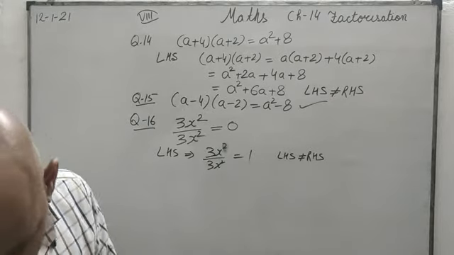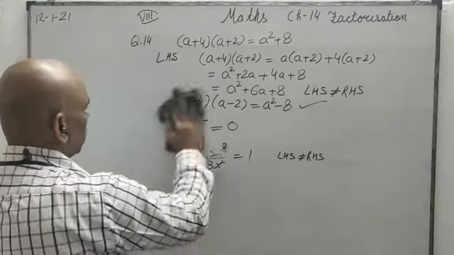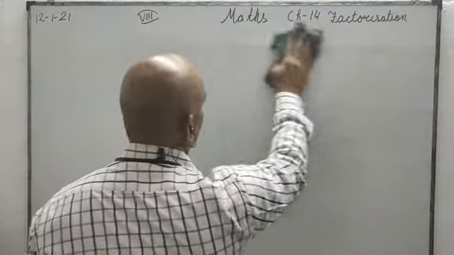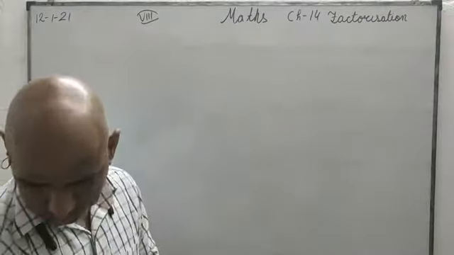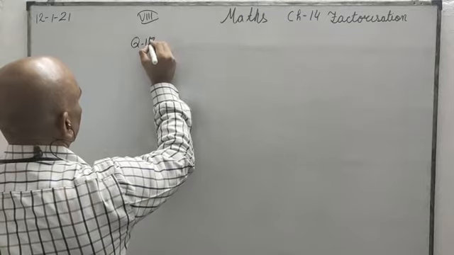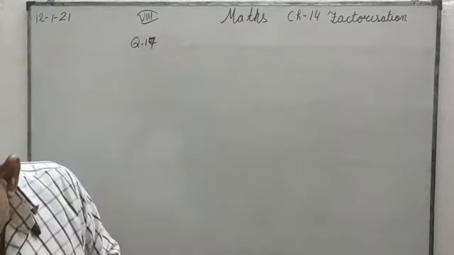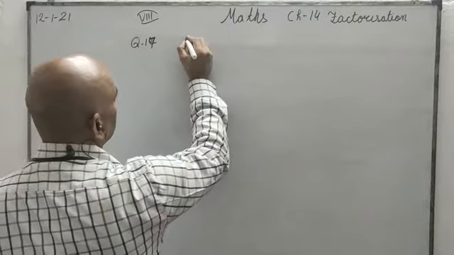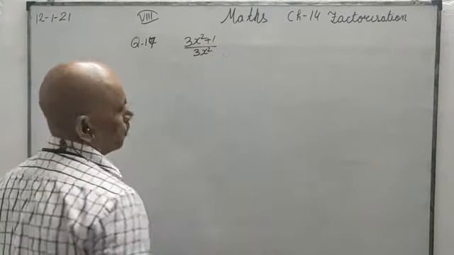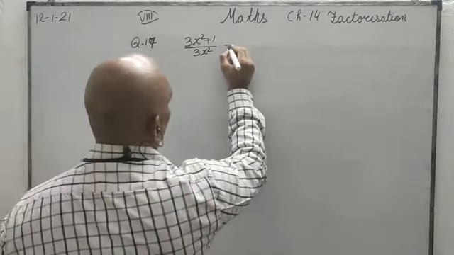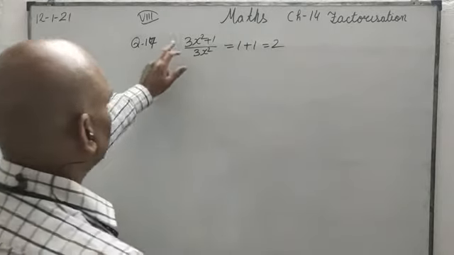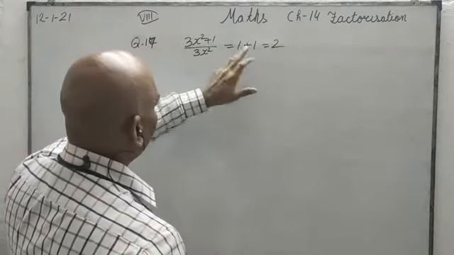Now, what happened next? Question number 17. What is given in question number 17? 3x square plus 1 upon 3x square is equals to 1 plus 1, that is 2. आप बोल रहे हो सर पीछे आपने बताया 3x square से 3x square डिवाइड हो जाएगा तो ये 1 हो जाएगा, 1 plus 1 2.